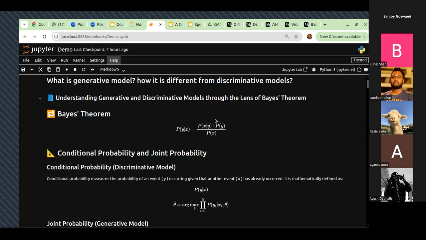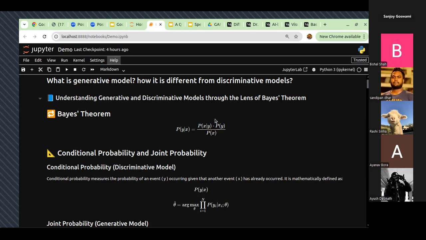The probability of Y means there should be some label associated. So the probability of Y equal to 0, meaning male, is K by N. If K is the number of males, then definitely capital N minus K will be the number of females. So the number of females, capital N minus K divided by capital N, will be the probability of Y equal to 1.